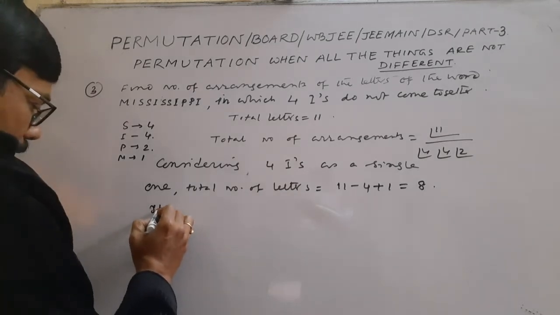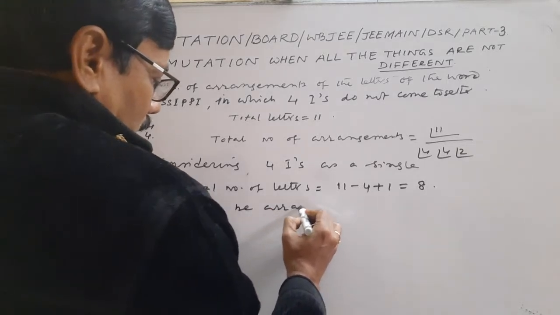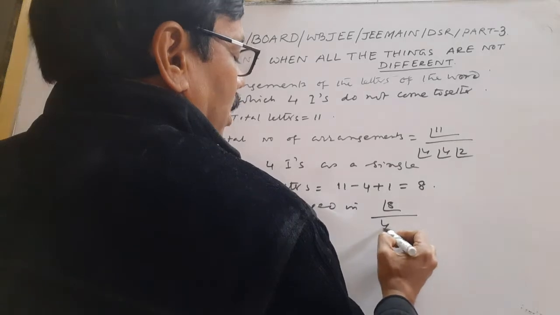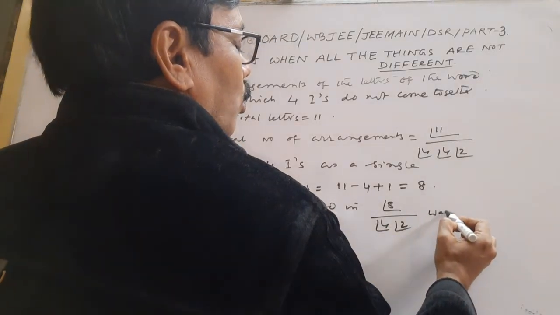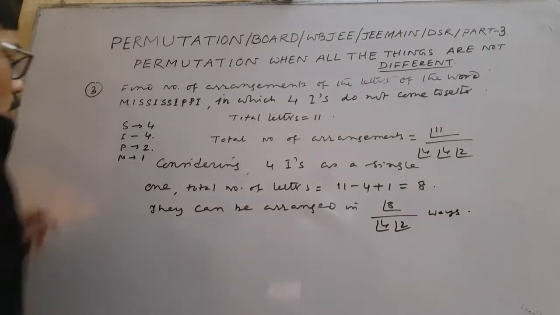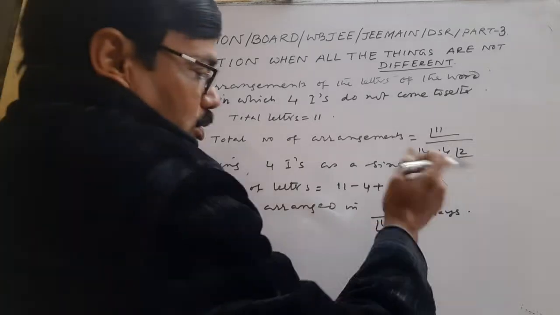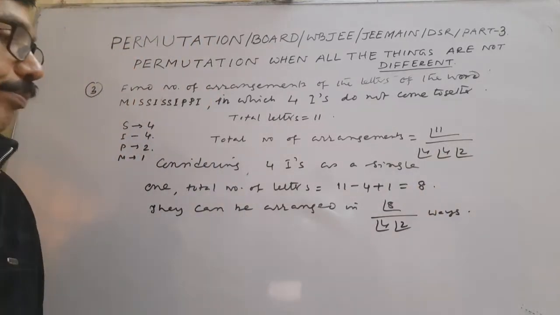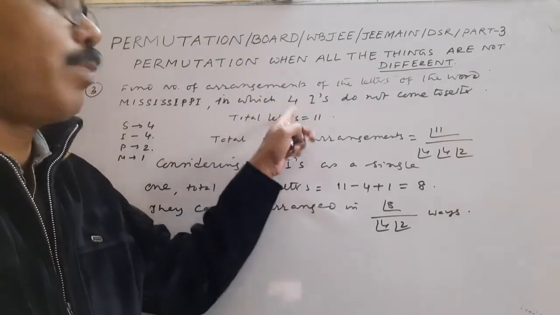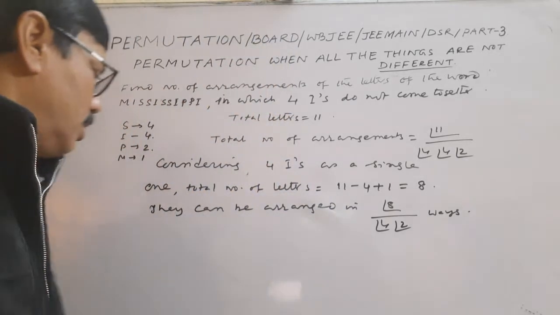So they can be arranged in factorial 8 by factorial 4 into factorial 2 ways, because there are 4 S's and 2 P's. So that is why we are getting this. Now 4 I's can be arranged in factorial 4 by factorial 4, that is one way, so no need of writing it.